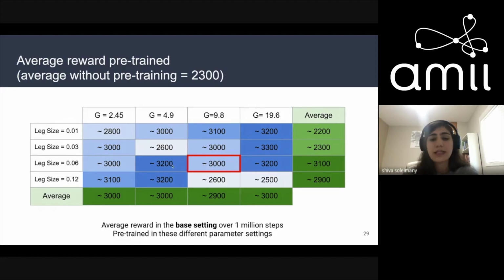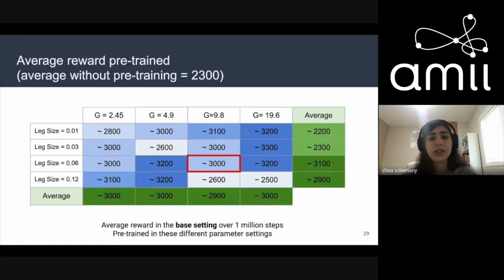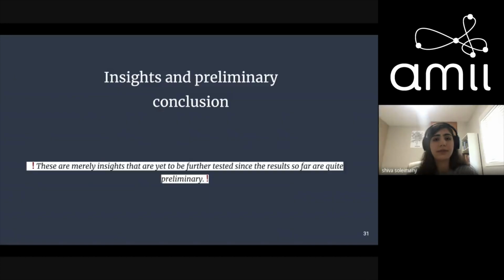So we can see that sometimes pre-training the agent on a different environment than our base environment is actually more helpful than pre-training it on the same environment twice. And we can see that pre-training the agent has always improved the performance. So all of these numbers are bigger than 2300, which was our average reward in the base environment.